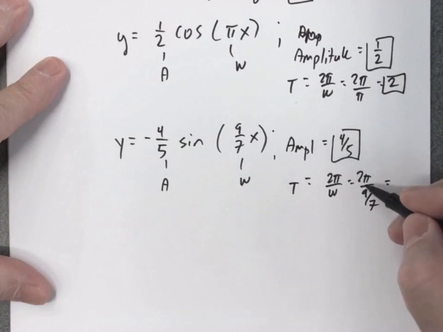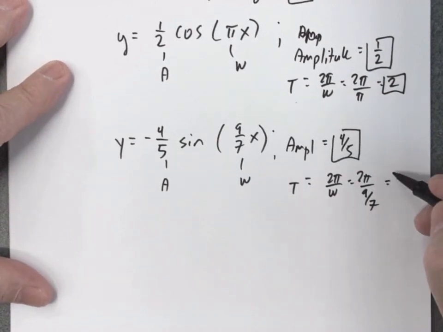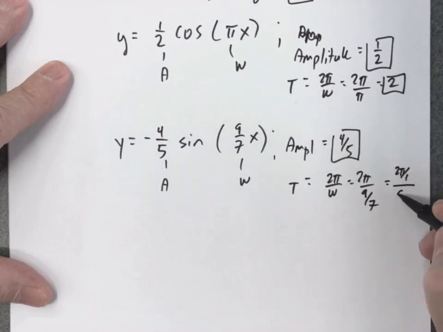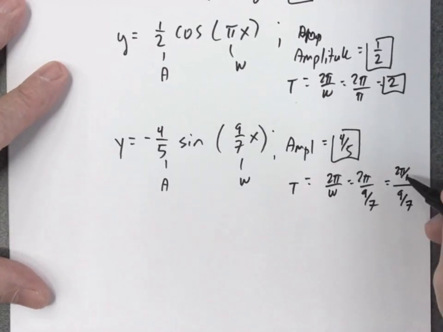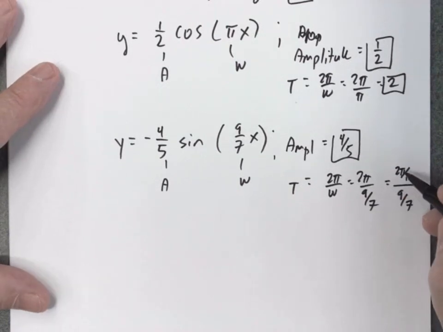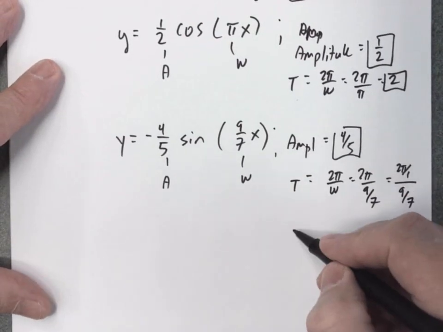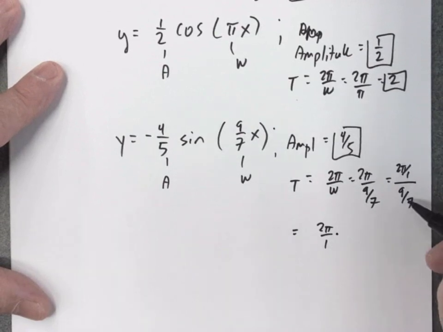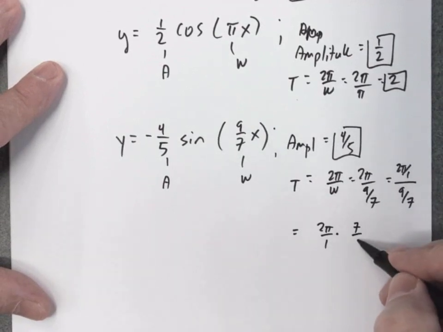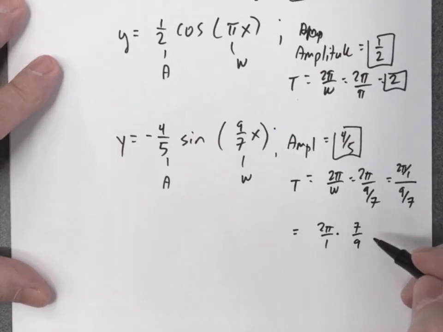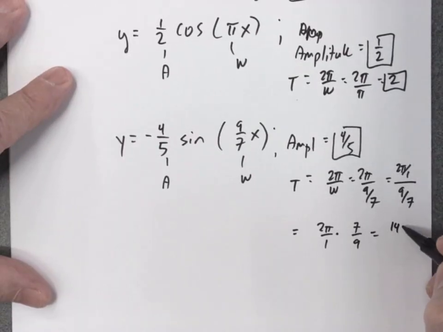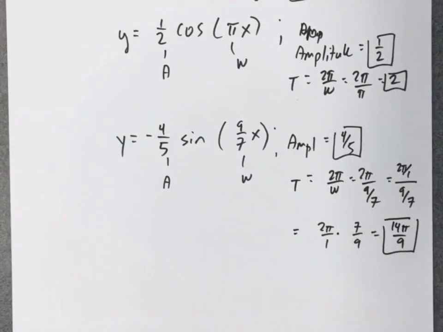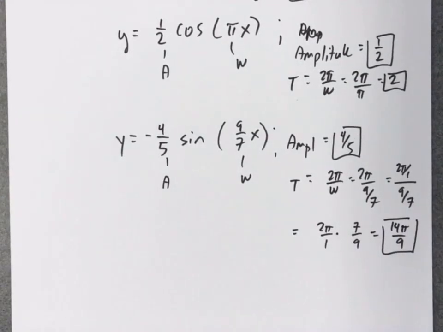If you can't remember the shortcuts, what you can do is turn a complex fraction into one fraction over one fraction, then the rule is you take the top fraction and you multiply by the reciprocal of the bottom fraction. So it looks like the period should be 14 pi over 9.